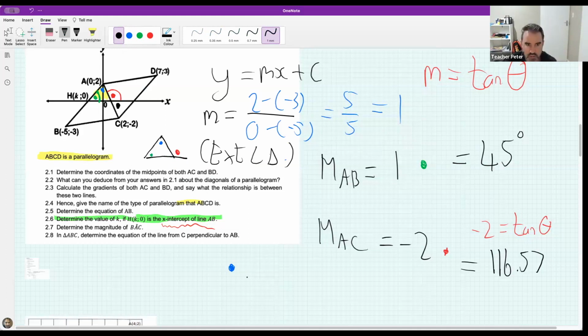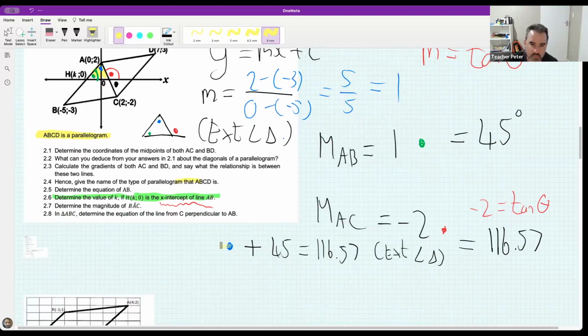So we know that the blue one, whatever it is, plus the green one, which is 45, is equal to 116.57, and that would just be the exterior angle of a triangle. So what is my blue angle going to be? Yeah, Ronnie, let's come to you. What is your question?